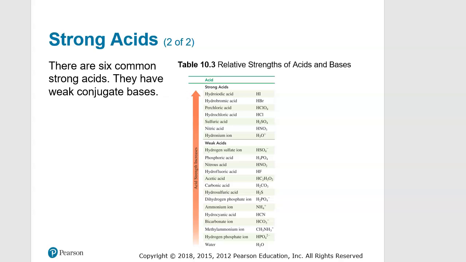Now here's a rather comprehensive table of common acids and bases, and you see the strong acids are hydriodic acid, hydrobromic, perchloric, hydrochloric, sulfuric, nitric, and hydronium ion. Hydronium ion is the strongest acid that can exist intact in water.